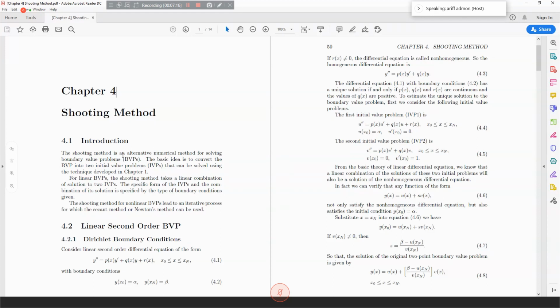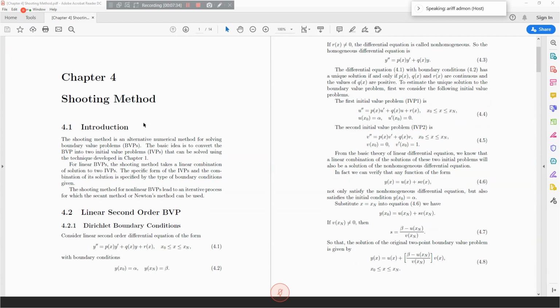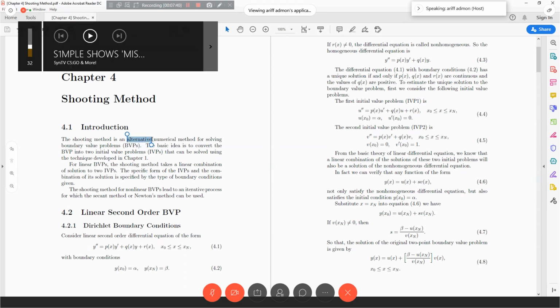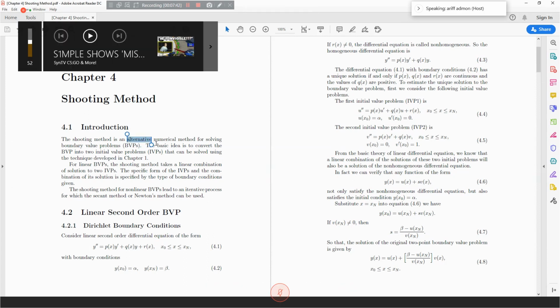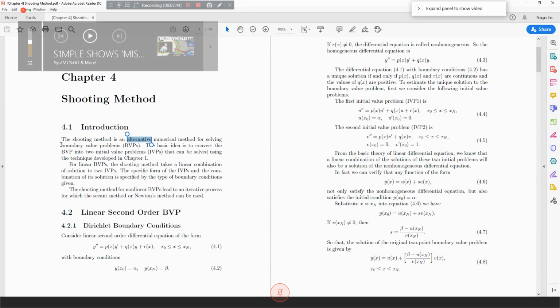I would like to remind you that the total chapters in this Numerical Methods 2 is actually up to chapter number 6. The fourth chapter is shooting method. Basically, shooting method is an alternative numerical method where we want to solve any boundary value problem.